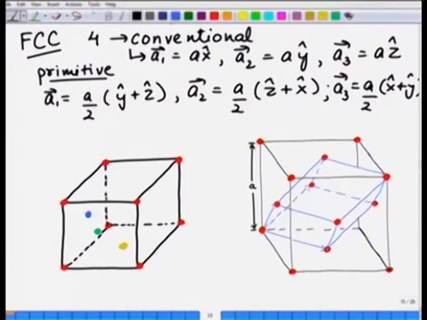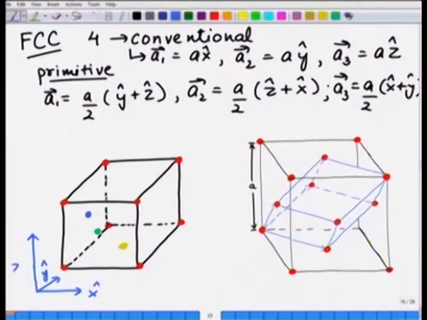So, let me move back here and let me draw these vectors for you. If I choose my origin to be like this, and I make my Z direction like this, then this is X direction, this is Y direction, and this is Z direction.